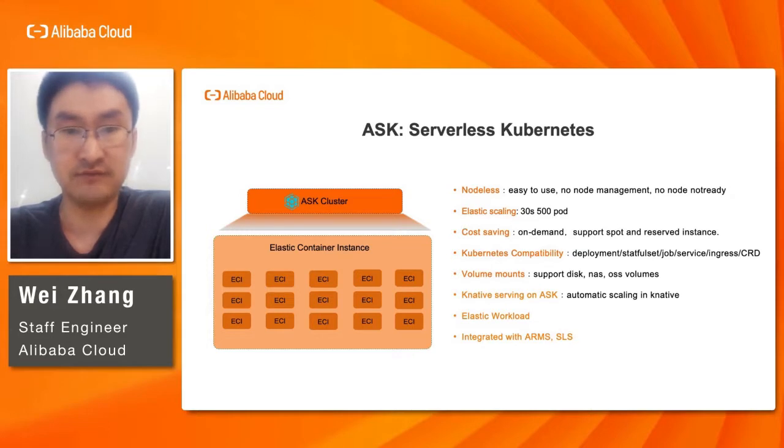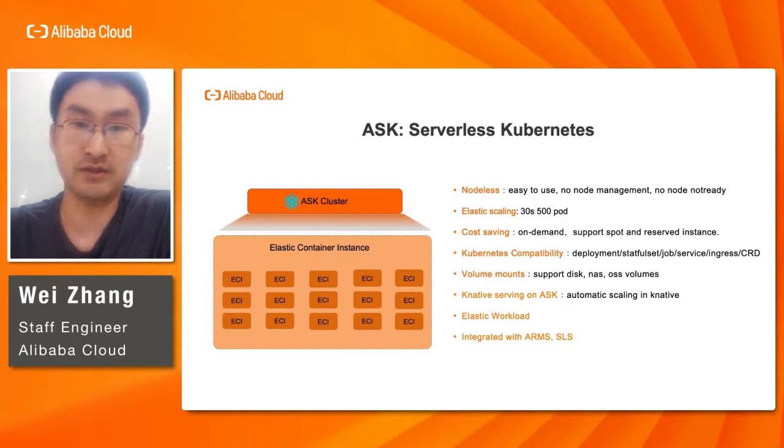The scaling in SK is very fast based on ECI. It is compatible with the Kubernetes API like deployment, stateful set, job, service, ingress, CRD, and any other operators. We can also install Helm charts. The pod can mount disk, NAS, or OSS volumes.